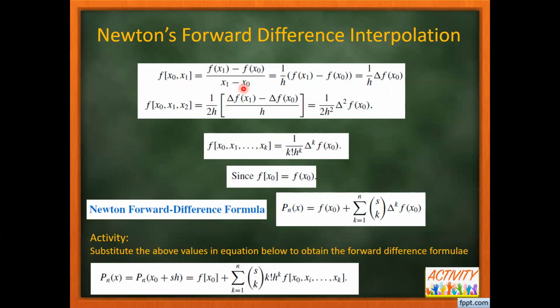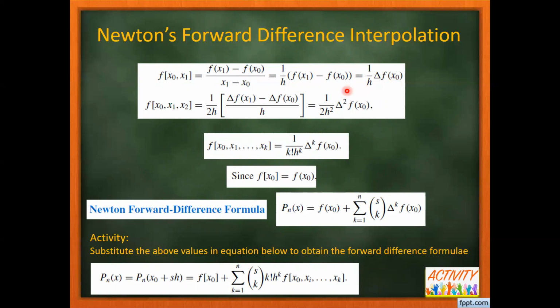If the data is equally spaced, this means that the difference between any two successive node values is h. So that will equal 1 by h times f of x1 minus f of x0. This means that I can replace the first order divided difference at the 0th node with 1 by h times the ordinary difference of f at x0.